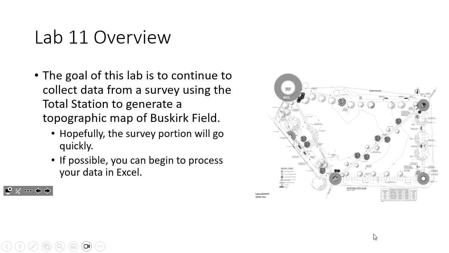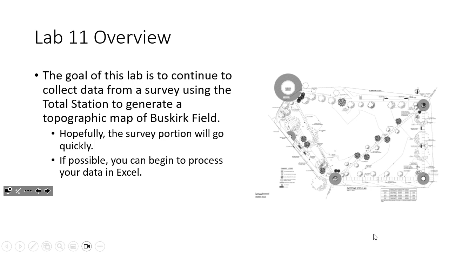The other thing that I'm going to suggest, and this is just a friendly suggestion, you don't have to do it, is that you begin the process of taking your data and processing it in Excel. You're going to use what's called the text-to-columns wizard in order to take the comma-separated values and convert them into data that is usable in AutoCAD.